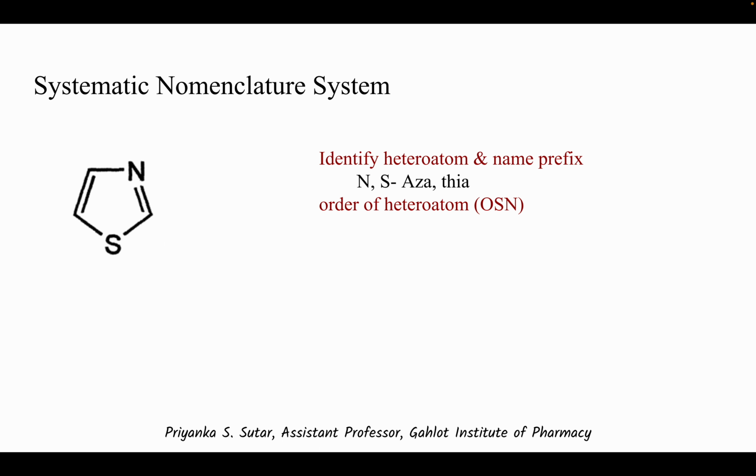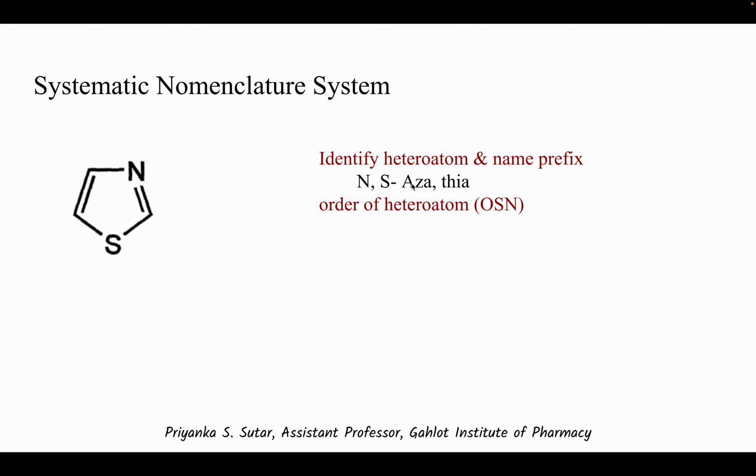Now you refer table number 1 again for the order of heteroatoms. What is the order? OSN. You have to arrange these two prefixes in preferential order. First oxygen: oxygen is not there. Sulfur, yes, sulfur is there. Nitrogen is there. So first you place the prefix of sulfur, and then the prefix of nitrogen.